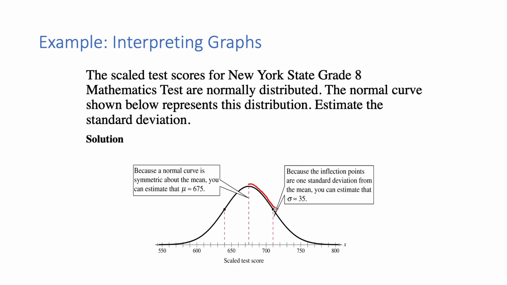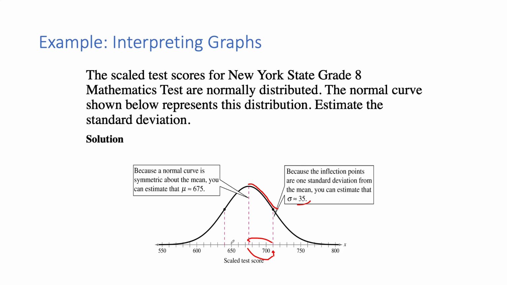This is the inflection point, and suppose it's at 710. The mean is at 675. I know that the right inflection point is located one standard deviation away from the mean. So the difference between the two, 710 minus 675, tells me the standard deviation is about 35.